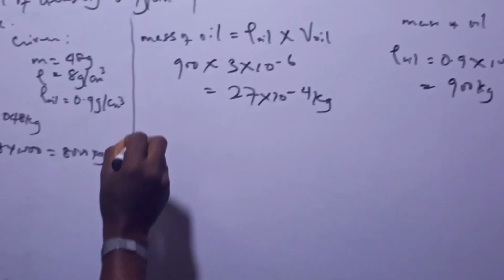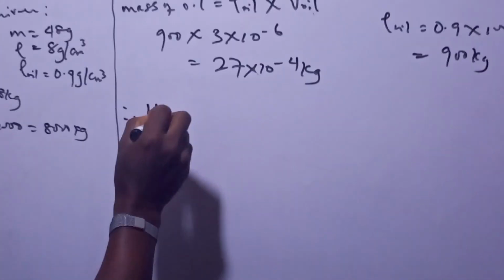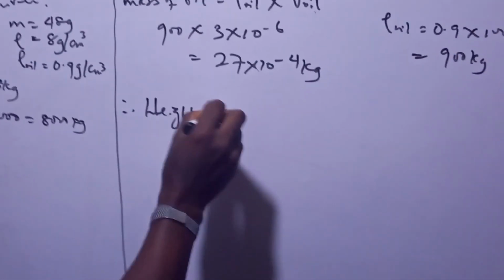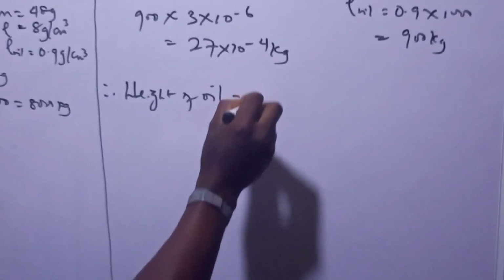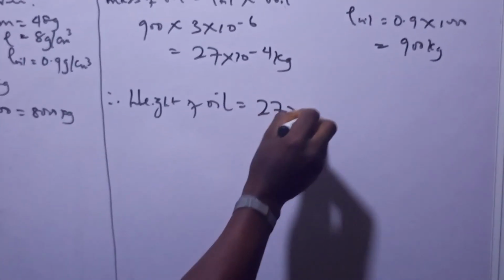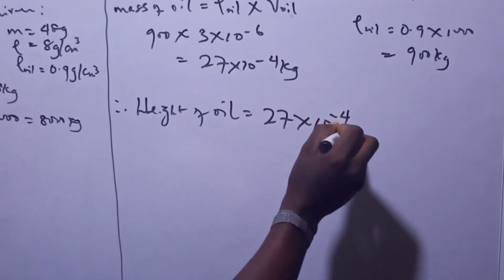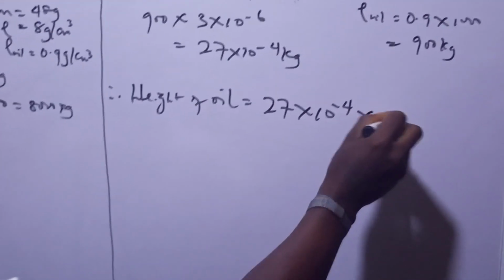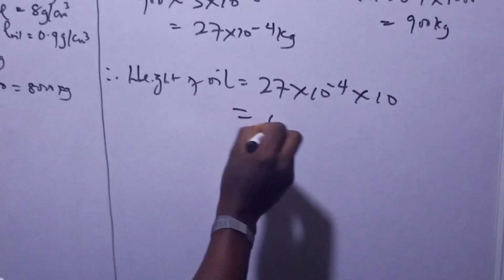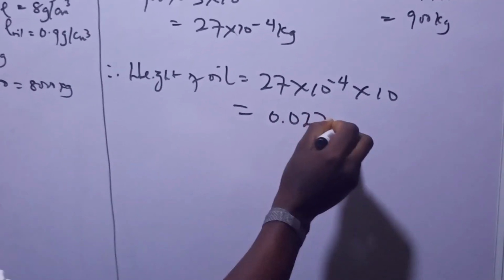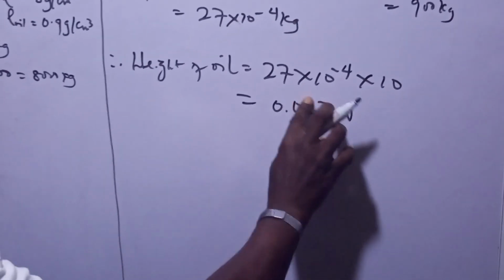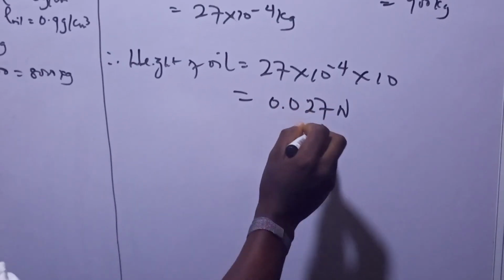That's the mass of oil. Therefore, the weight of oil will be 27 times 10 to the minus 4 times 10, which is 0.027 Newton. That's the upthrust.